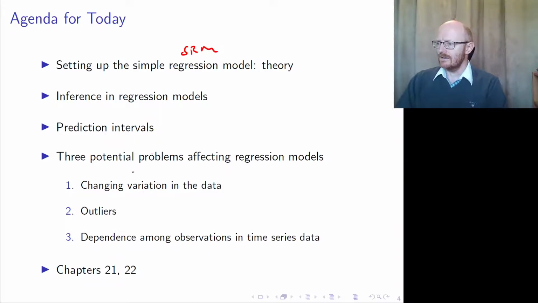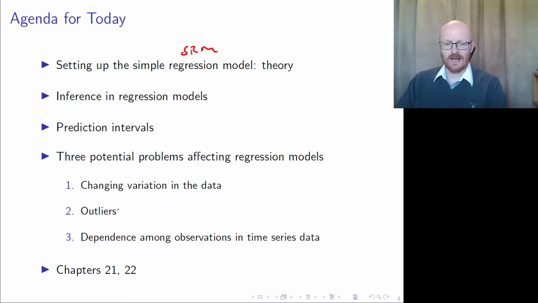And we're going to look into potential problems we might encounter, and that would be changing variation in the data, like is y varying more or less based on the level of x.